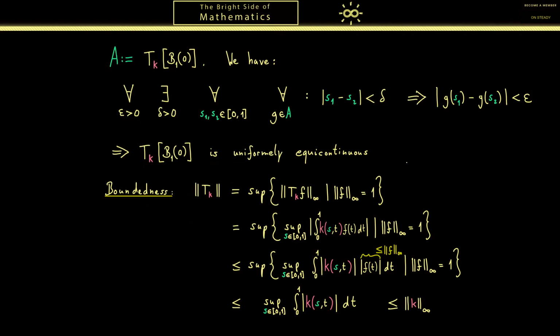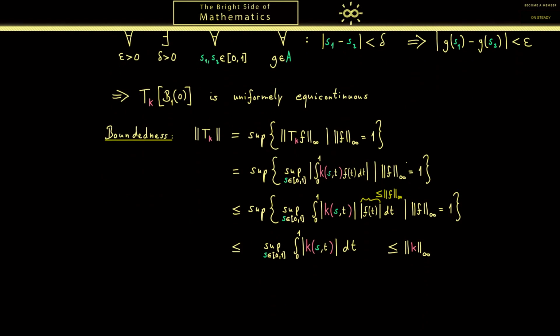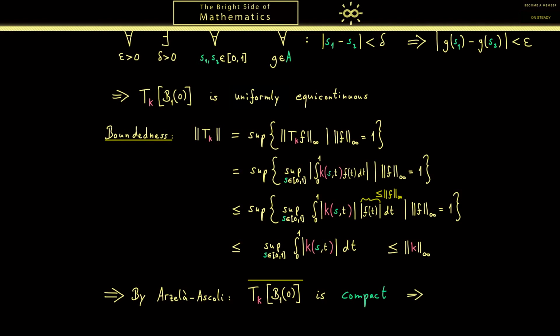And now finally comes our conclusion, we can apply Arzela-Ascoli. This says the image of the unit ball is uniformly equicontinuous and bounded. Therefore, both things also hold for the closure of the set, and by Arzela-Ascoli we now have a compact set. And by our definition, we also know T_k, the integral operator, is a compact operator.